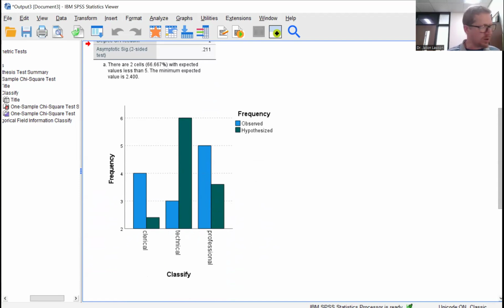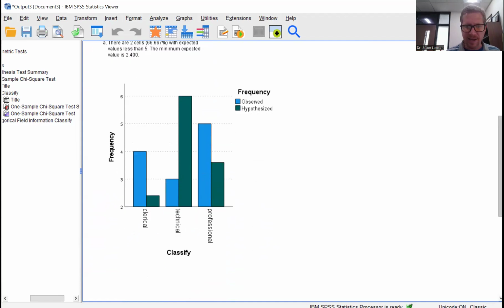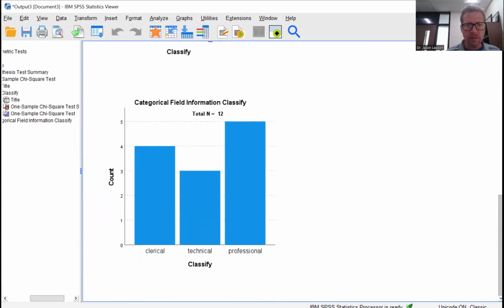And for our categorical field classify, clerical is 4, technical is 3, and professional is 5. So it looks like the output matches what's in the back of the book.